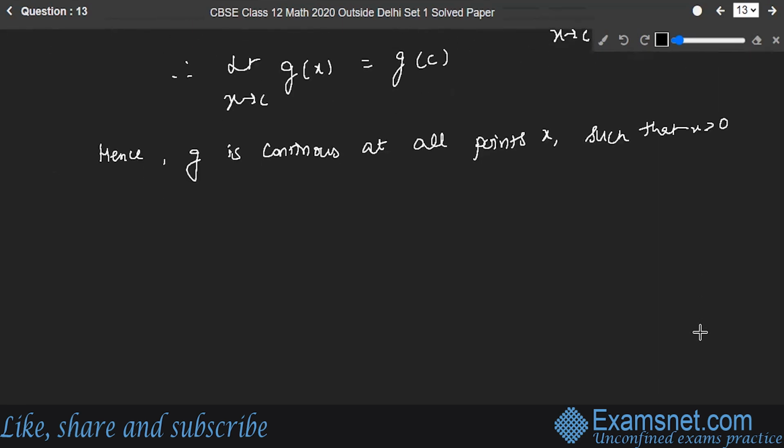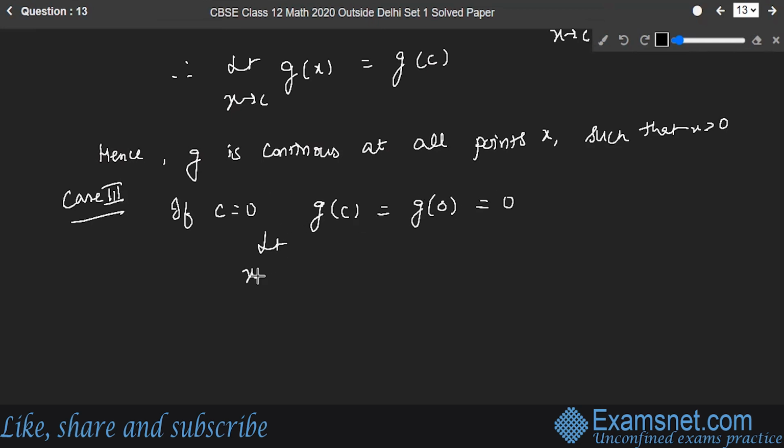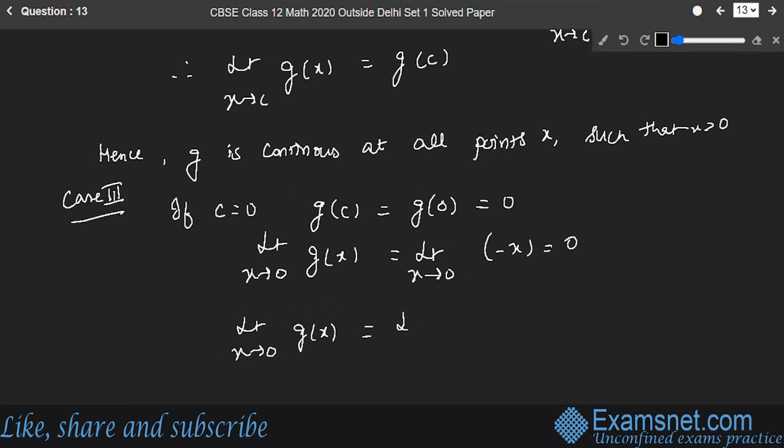Now, the third case, when C is 0, then g(C) will be equal to g of 0, which is equal to 0. Hence, the limit as x approaches 0 of g of x will be equal to the limit as x approaches 0 of minus x, which is 0, and the limit from the right is also 0.